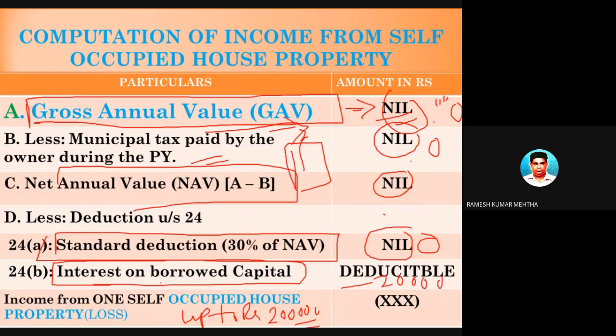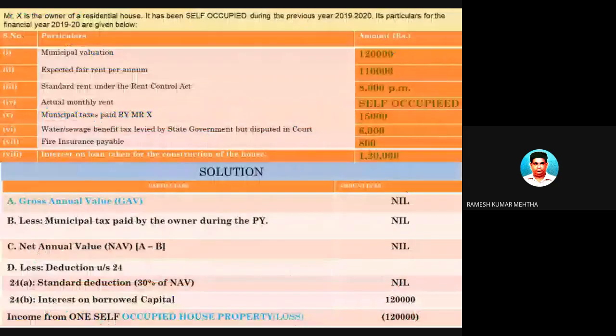So 0 minus 0 is equal to 0, and standard deduction is 0, minus 2 lakh rupees. So the income from house property is minus 2 lakh rupees. That means there is a loss from the house property to the extent of 2 lakh rupees for the financial year 2019-20.